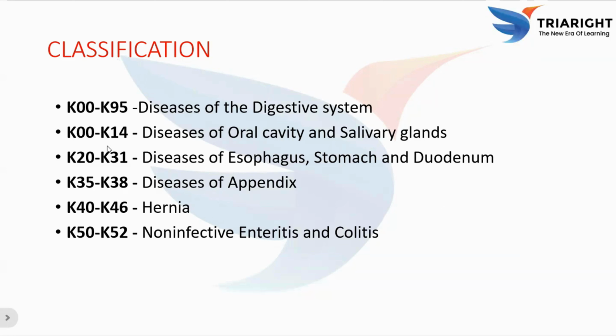K00 to K14, this code range indicates the diseases of the oral cavity and the salivary glands. For example, dental disorders; the oral cavity includes mouth, teeth, tongue, etc. Whereas the K20 to K31 code range indicates the diseases of the esophagus, stomach, and duodenum, for example, gastritis and ulcers.